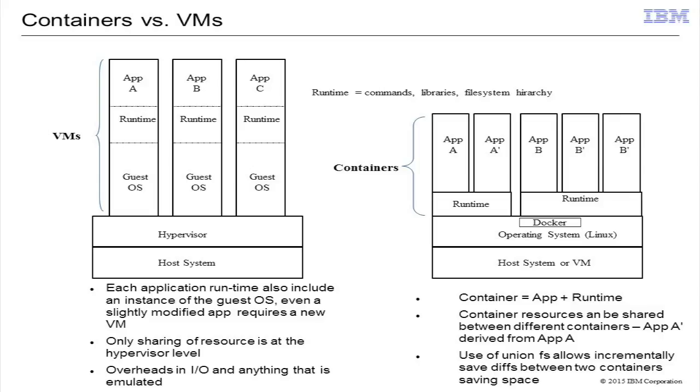And as you can see from this chart, containers are a much smaller footprint and also have much faster provisioning and deprovisioning times. Multiple containers can run under the control of one operating system, typically Linux, and the host system or a VM as an option. You can actually run containers under VMs.